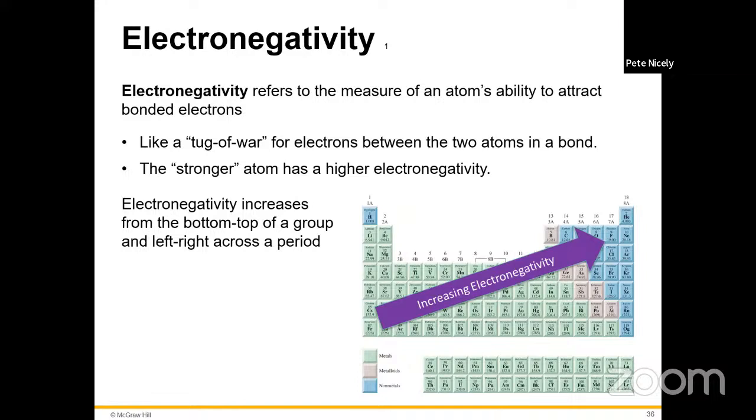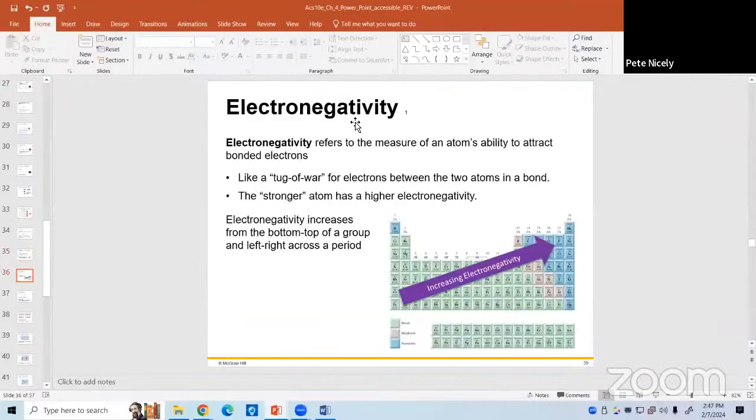If one atom is more electronegative than the other, then it will have a greater attraction for the shared electrons, right? And a guy by the name of Linus Pauling came up with a scale, a 4-point scale, and I need to get out of this and show you what we're talking about here. Let me bring down.